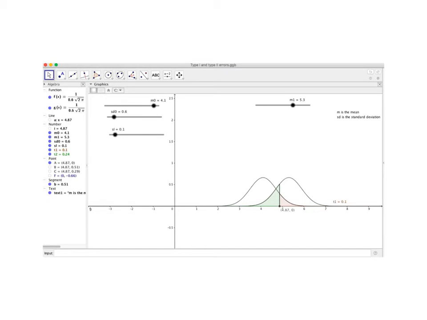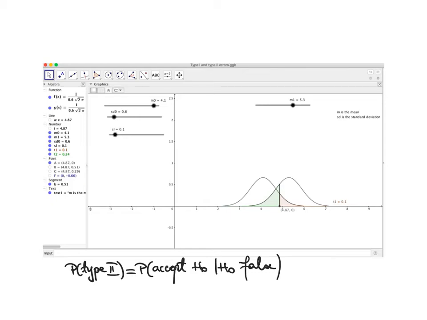But the probability of a type 2 error, let us remember, is the following. The probability of a type 2 error is the probability of accepting H0 given that H0 is false. Now, H0 is false means that the true distribution is the second one with this M1, according to my representation.